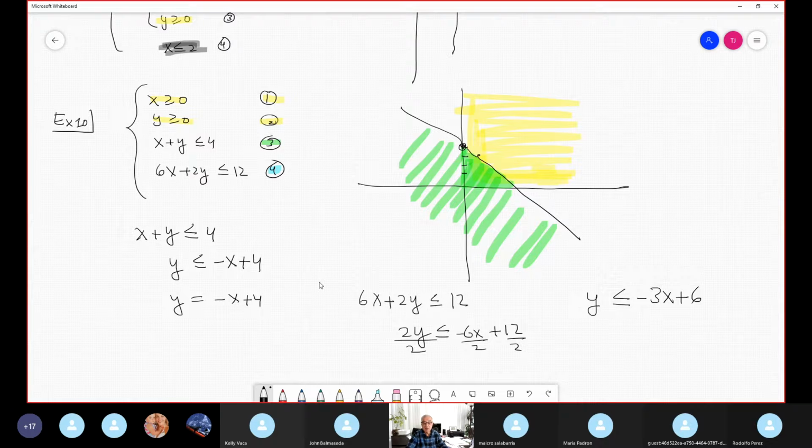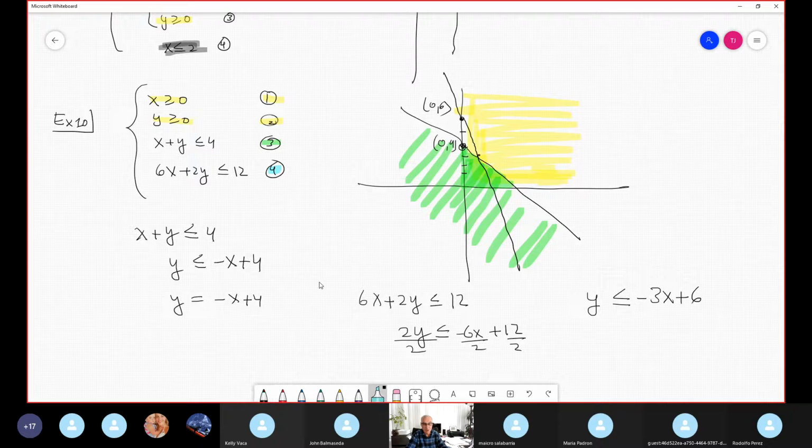The y-intercept is 6 here, which is the point 0,6, and the slope is negative 3, so 3 down and 1 across. This is my second line, and again the region is below.